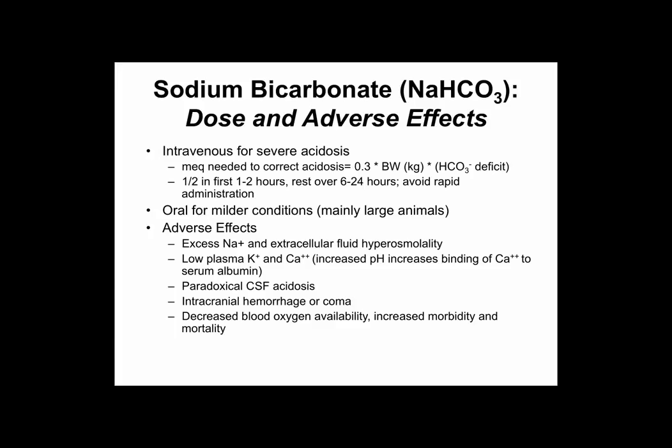So what we call paradoxical CSF acidosis is due to that extra CO2 in the CSF, and that can lead to death and stoppage of breathing. We can also have intracranial hemorrhage and coma, and decreased blood oxygen availability with bicarb, increased morbidity and mortality, primarily due to that CSF acidosis.